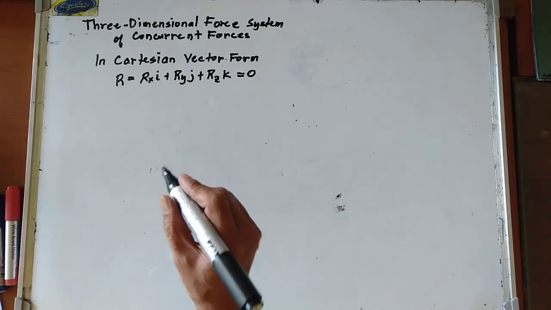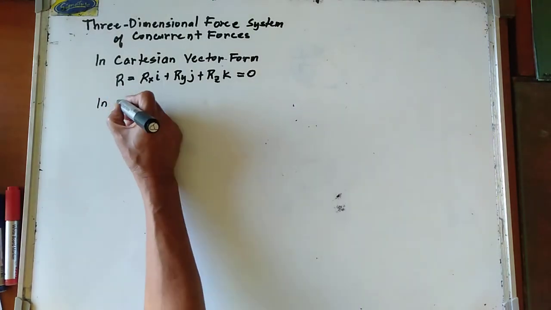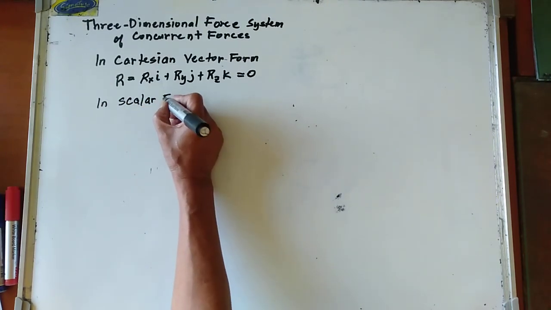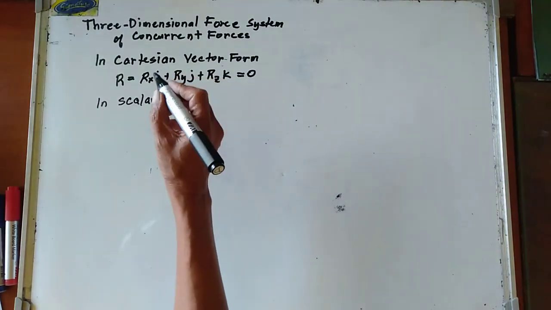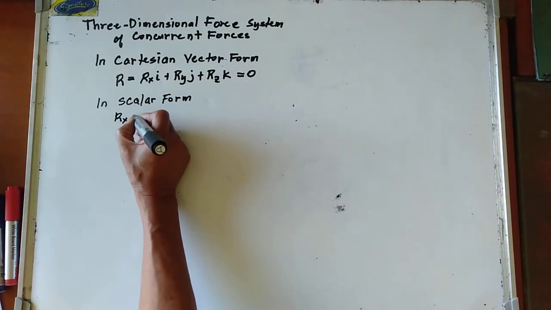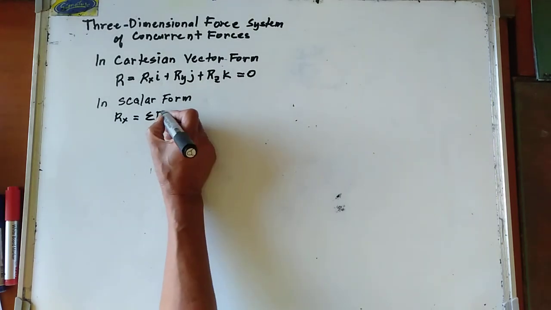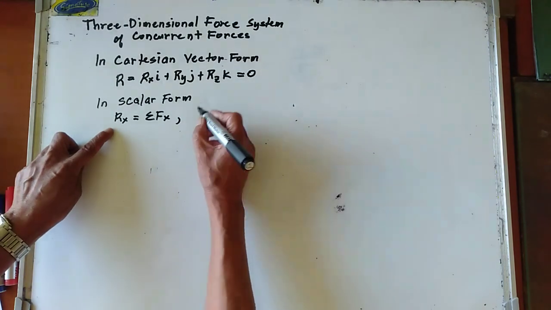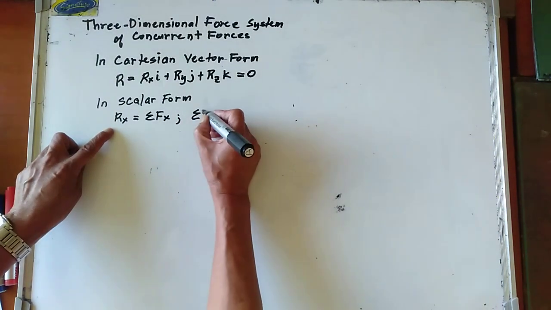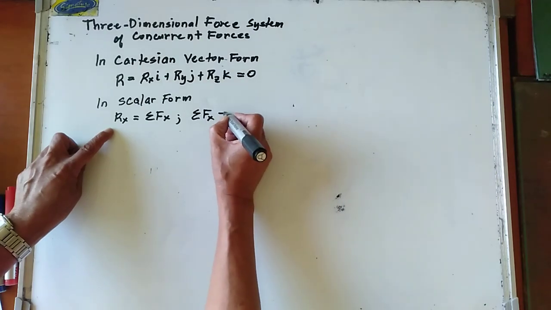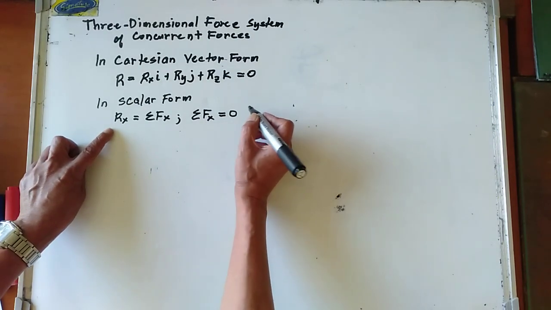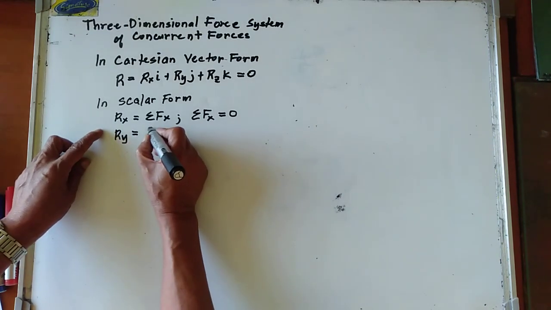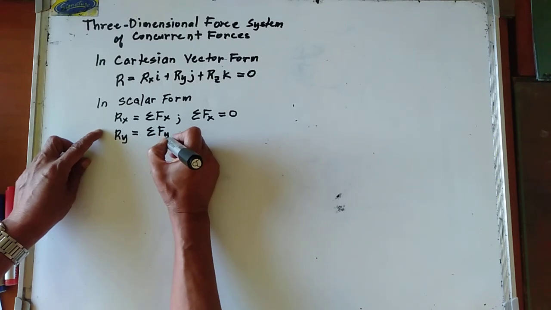Now in scalar form, your Rx is equal to summation of forces along the x-axis. Since the resultant is equal to 0, then summation of forces along the x is equal to 0. Similarly, your Ry is equal to summation of forces along the y.